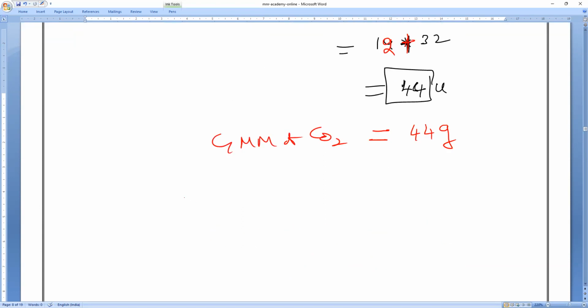Now, if I take 44 grams of CO2, how many particles does it contain? Avogadro number, 6.022 into 10 power 23, which equals how many moles? 1 mole.